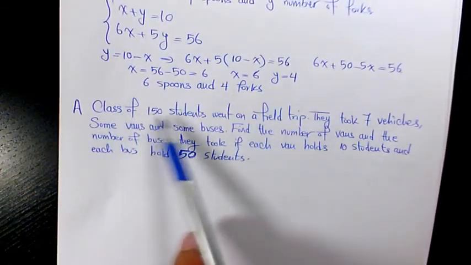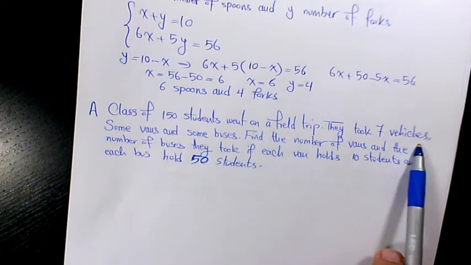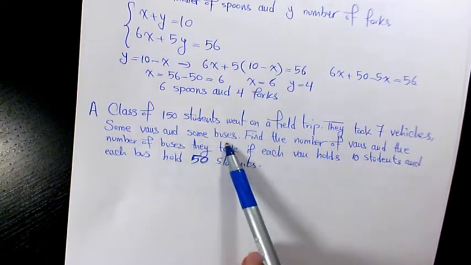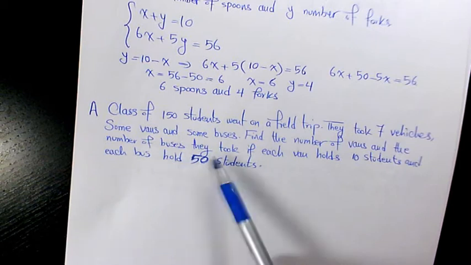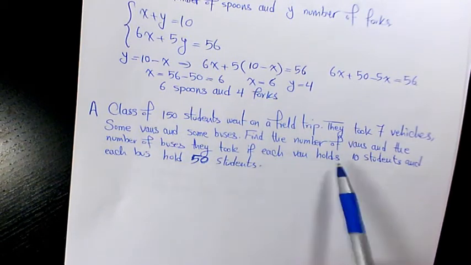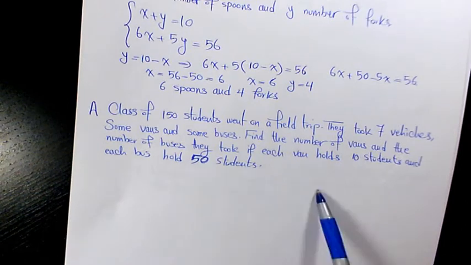Next one. A class of 150 students went on a field trip. They took 7 vehicles, some vans and some buses. Find the number of vans and the number of buses they took if each van holds 10 students and each bus holds 50 students.